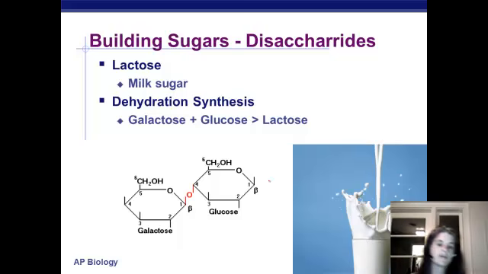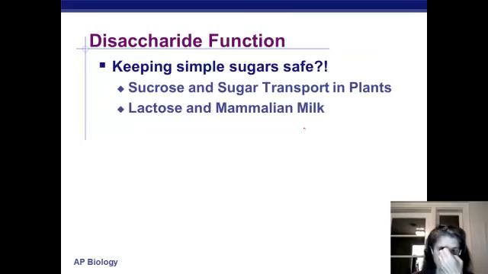Now there's another important disaccharide called lactose. Lactose is the true milk sugar, but again, it's a disaccharide, so it's made of two monosaccharides. It is made of galactose and glucose together with a glycosidic linkage in between them, and that gives you lactose sugar found in milk. Okay, now what is the point of disaccharides? We know that monosaccharides like glucose give us quick energy.